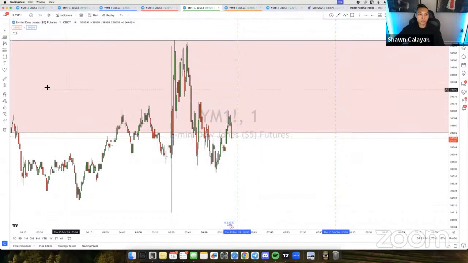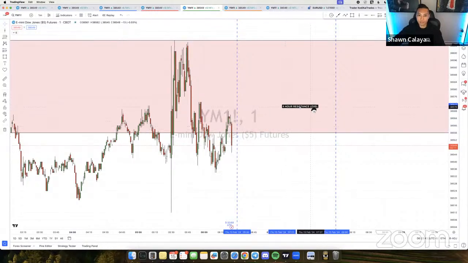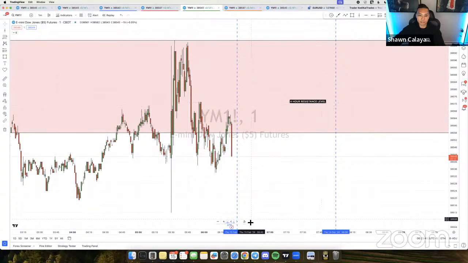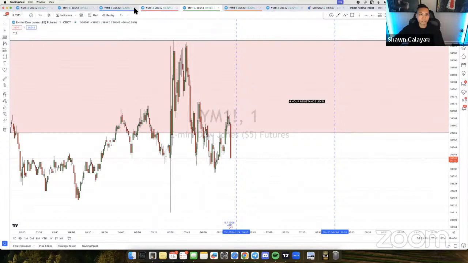As you can see right here, price is currently at the 4-hour resistance and it's starting to come down from right here. So we got resistance right here. We'll see if price bounces off and it comes down. I'll come back to this clean chart a little later once market opens to see where it goes from there.